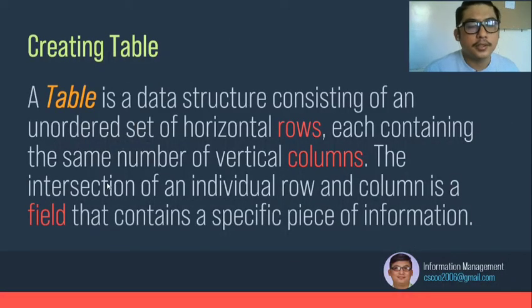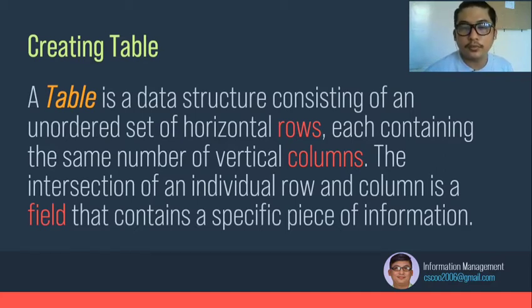A table is a data structure consisting of an unordered set of horizontal rows, each containing the same number of vertical columns. The intersection of an individual row and column is filled, so it's called a field. Each column is called a field that contains a specific piece of information. Basically, a table is an arrangement of columns and rows of records.